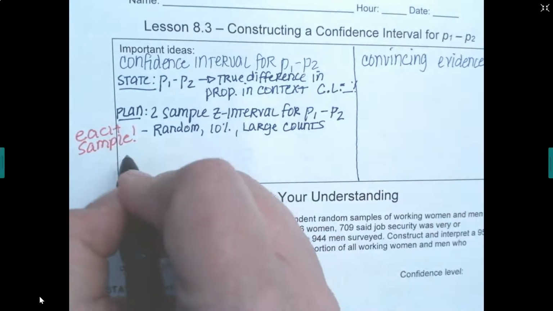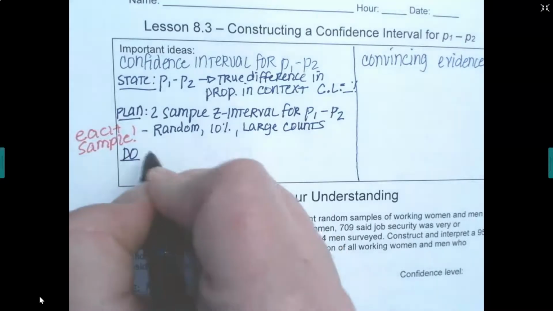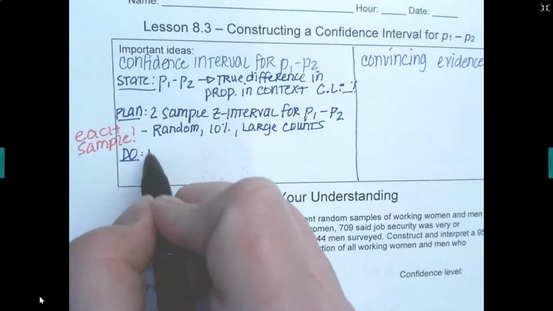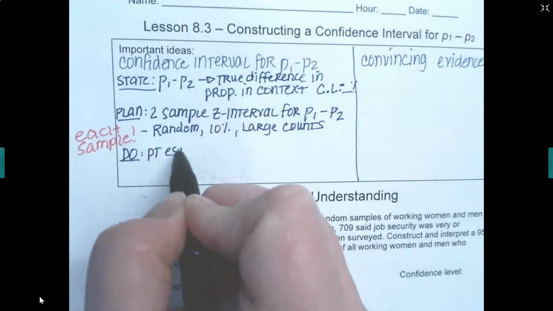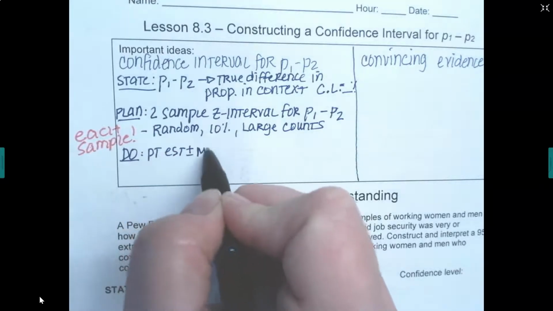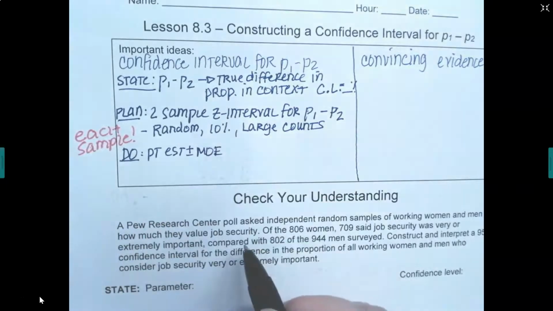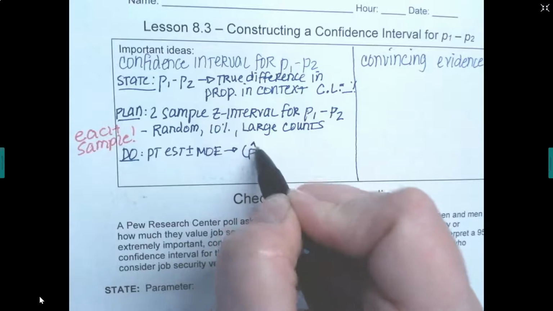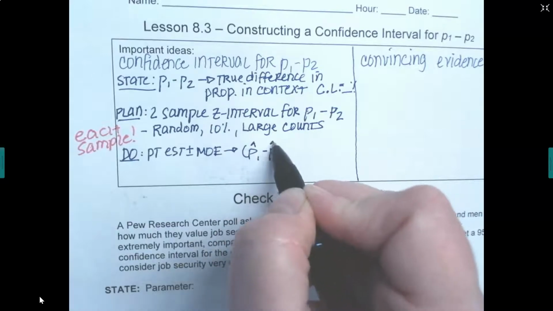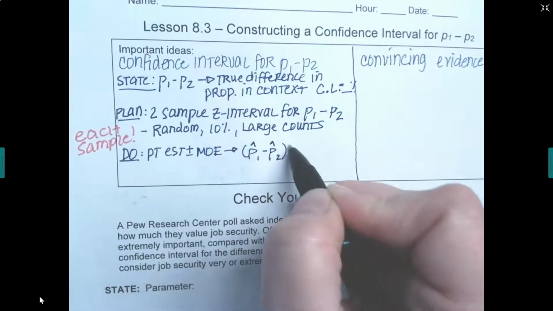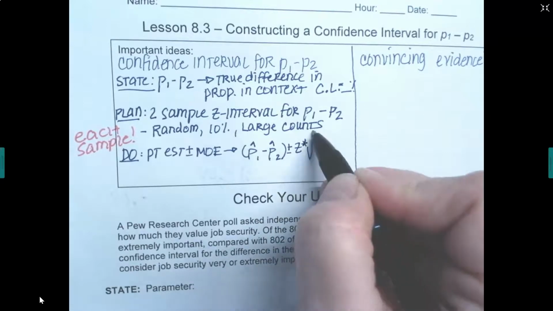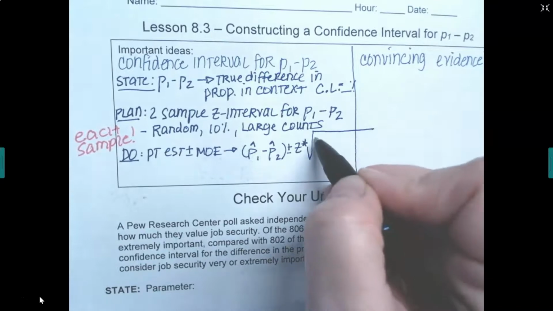Then we have our do section. Okay, so remember you want your point estimate plus or minus your margin of error. And what that looks like is your point estimate comes from subtracting your sample statistics, plus or minus your z star times your standard error. We're going to run out of room here.